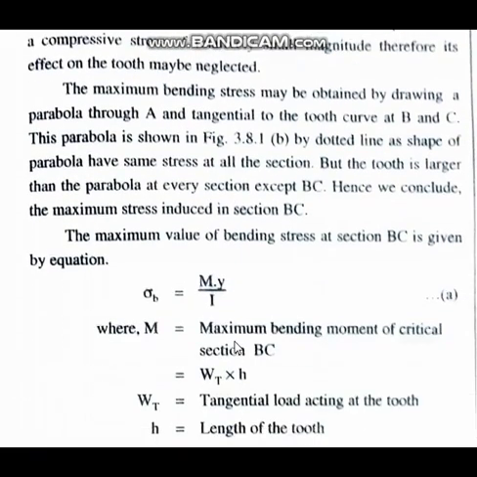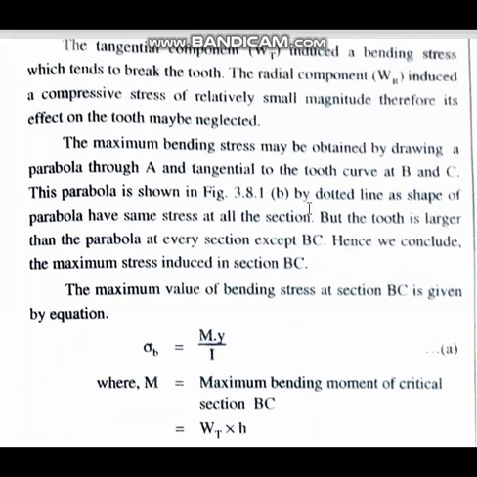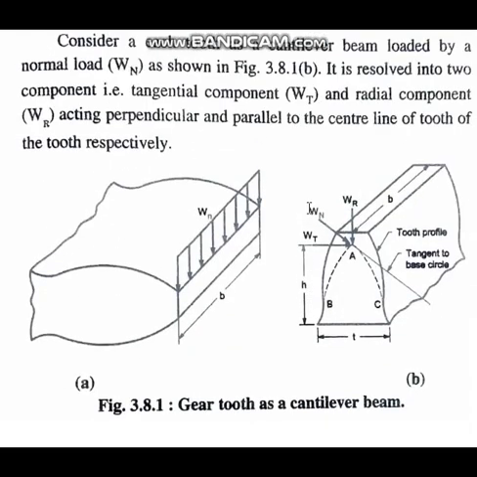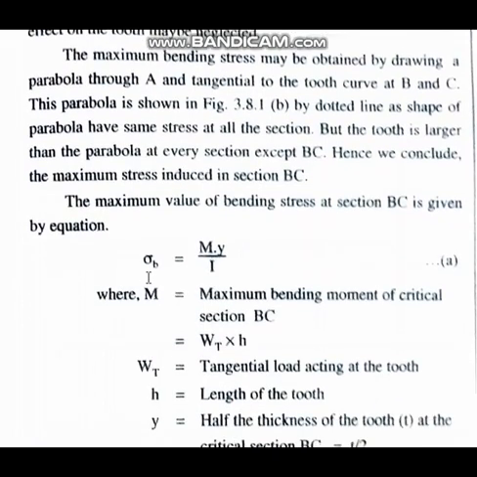Now the maximum value of the bending stress. Normally for any cantilever, we know that the bending moment will be zero at the application of load, and it increases as you go towards the support. That's what is happening here, and sigma B at the section BC, that is the maximum bending stress, we can give by the bending equation.